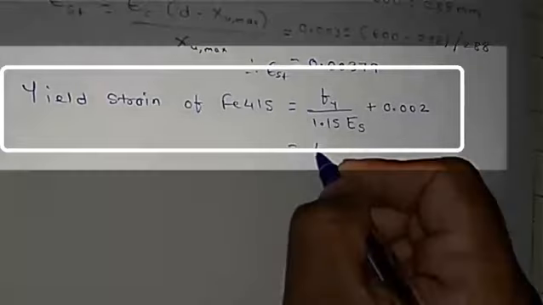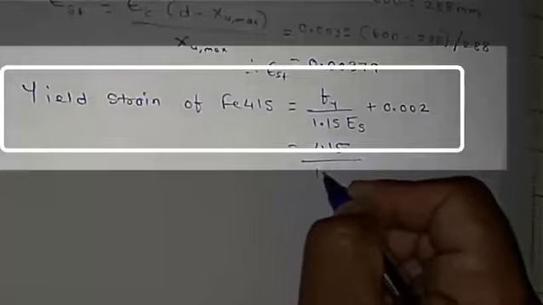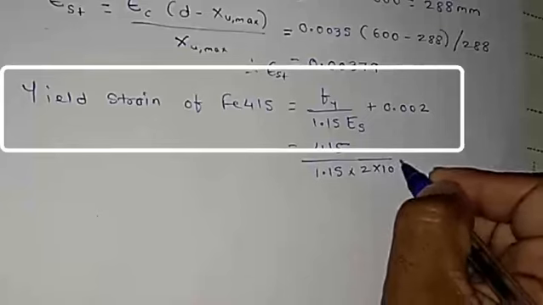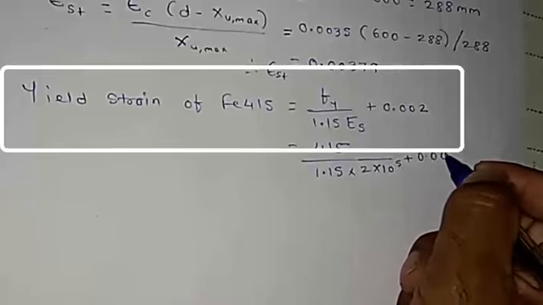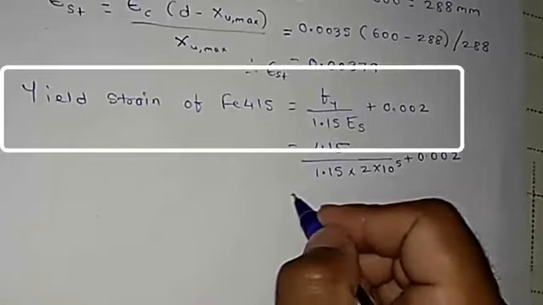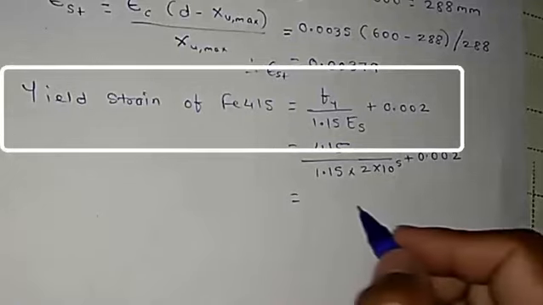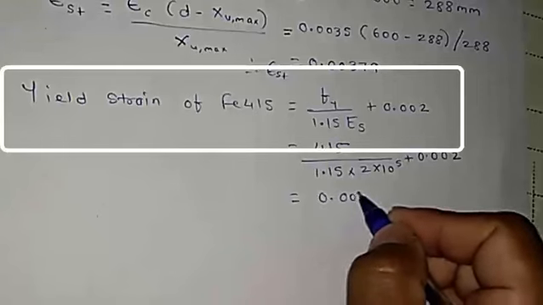So this equals 415 divided by 1.15 times the modulus of elasticity for steel, that is 2 into 10 raised to the power 5, plus 0.002. This value is coming out to be 0.0038.